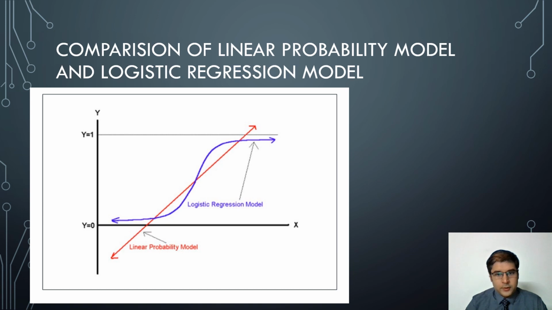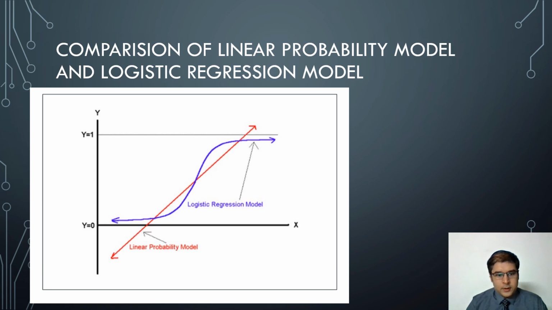The comparison of the linear probability model and the logistic regression model is shown in this slide. You can see the logistic regression model in the blue line and the linear probability model in the red line. The red line is basically when we use regression, where there is a continuous dependent variable, which can have a range of values. But if it has discrete values, such as in a binary classification problem, then we use the logistic regression model, which is given by the blue curve.